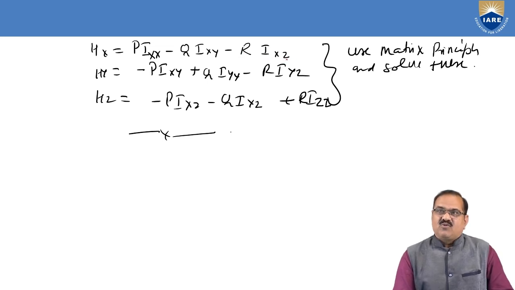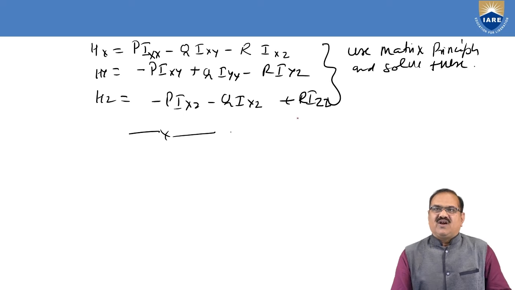This is the angular momentum in x direction, and hy is equal to minus p Ixy plus q Iyy minus r Iyz. And in the z direction, we have hz is equal to minus p Ixz minus q Iyz plus r Izz. Okay, so these three equations have the terms xy, yy, yz, xz, yz and zx, and zz. So we have got these equations.